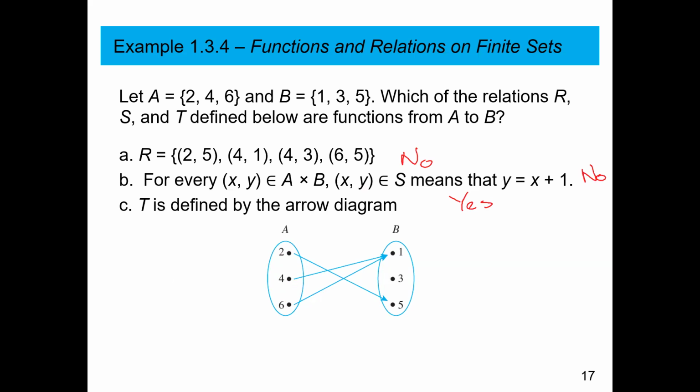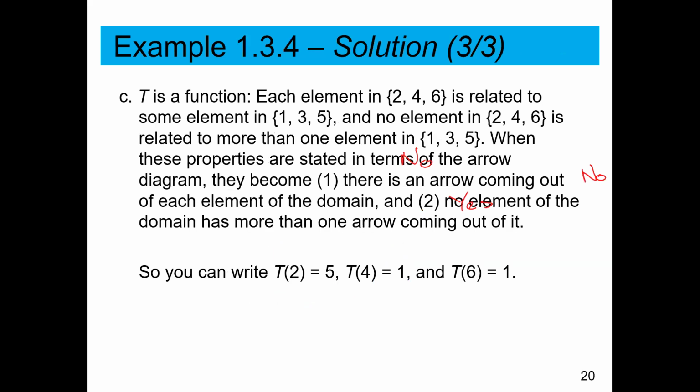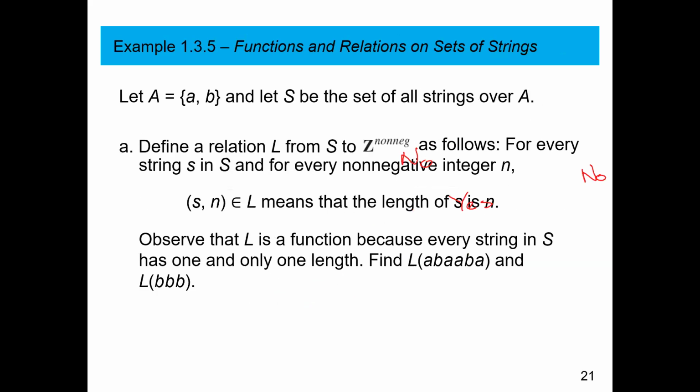Let me hit one more thing. Let's talk about just a couple more quick things about functions. Let's do an example where A is {a, b}, just two letters, and S is the set of all strings over A. In other words, it's all the possible things. We're going to define a relationship that for every string s, s related to n means that the length of s is n.